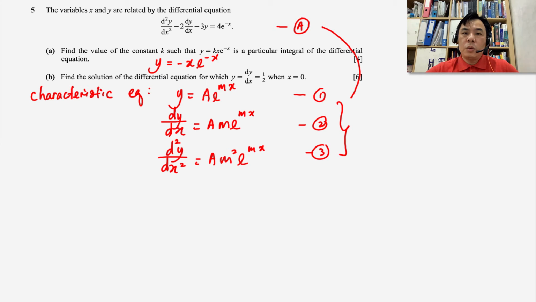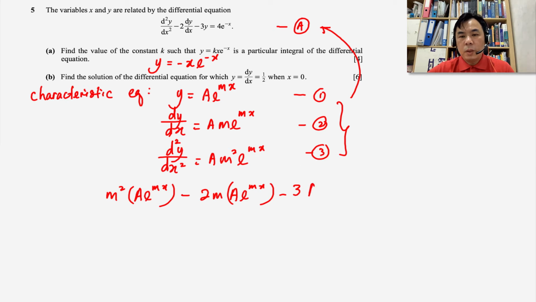All right, now it's time for us to substitute this back into the first differential equation. So from here, we have m² Ae^(mx) minus 2 times m Ae^(mx), and then minus 3 times y, which is Ae^(mx), equal to 0.